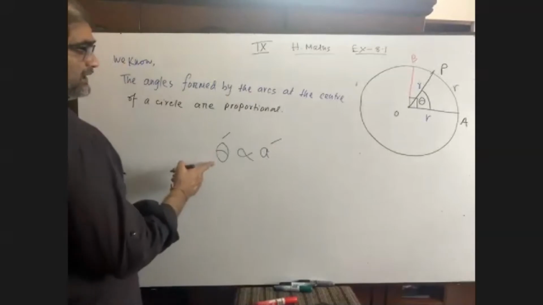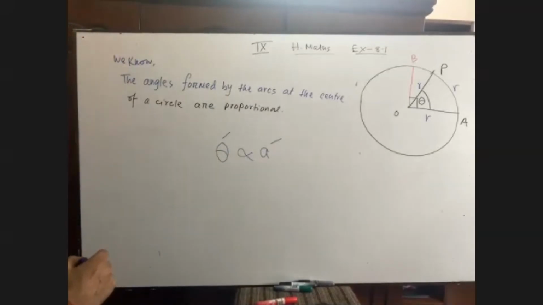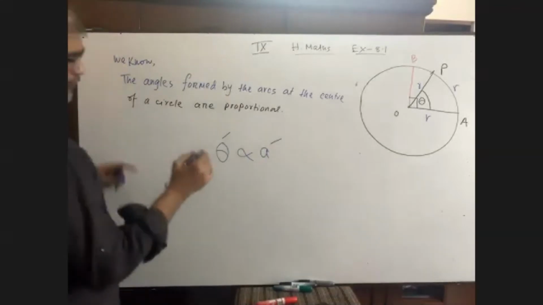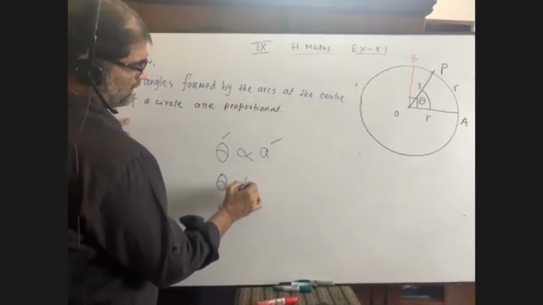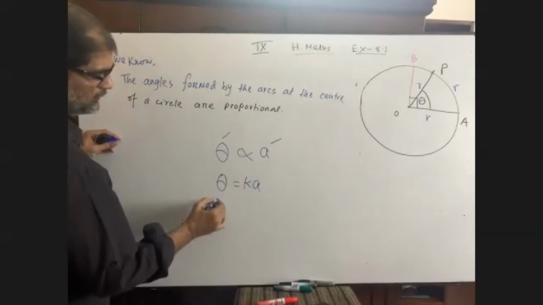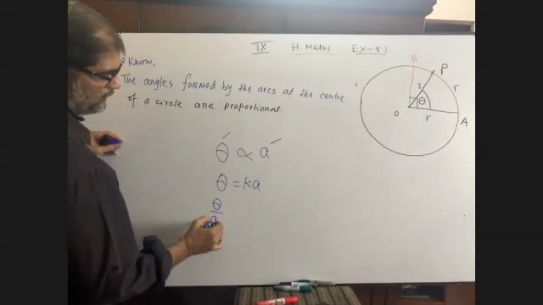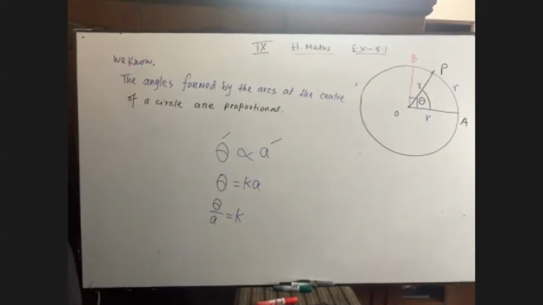If the angle decreases, the arc will decrease. So in physics, you read theta equals K in this way. So we can write theta by A equals K.